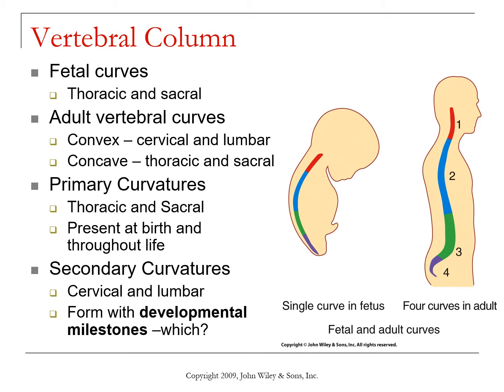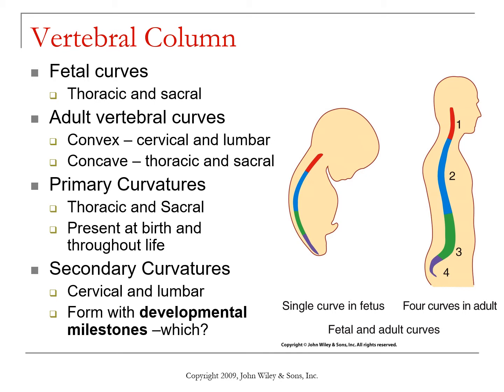That will develop their lumbar curvature. So the two convex curvatures, the cervical and the lumbar, develop with these infant milestones. Okay, learning to lift the head develops the cervical curvature, and learning to sit up and stand develops the lumbar curvature. So in the adult, we have all four curvatures.